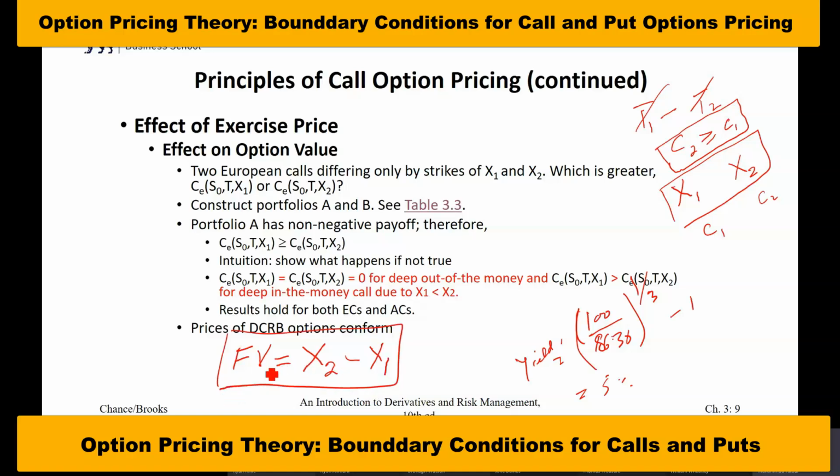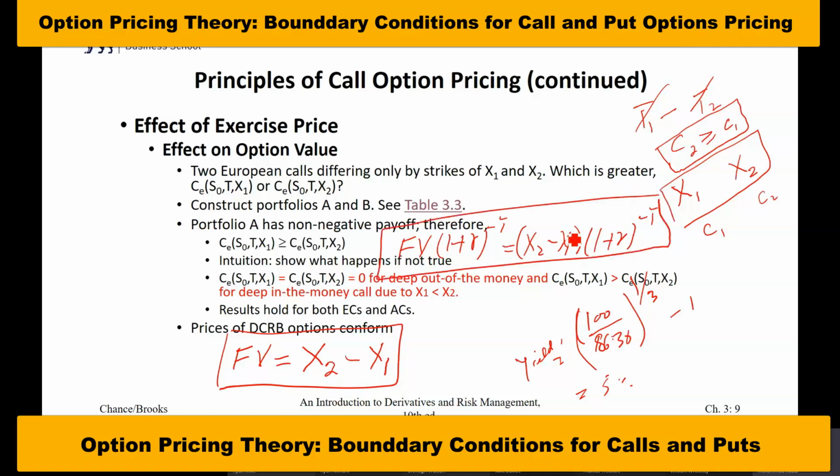So if I want to calculate the present value of this, like I did for the face value calculation, that is face value multiplied into 1 plus R raised to the power minus T, I will do the same for X2 minus X1 multiplied into 1 plus R raised to the power minus T. So you see, it's the same calculation. The only thing here is that the face value of the bond is not equal to 100, but the difference between exercise prices.